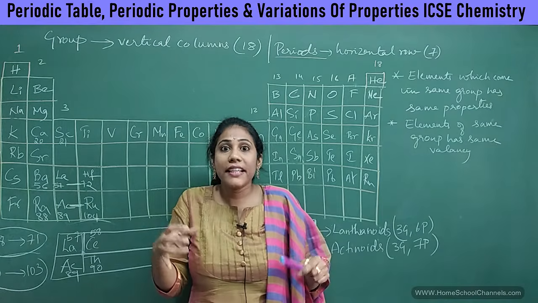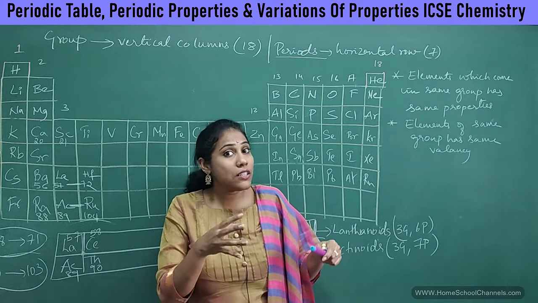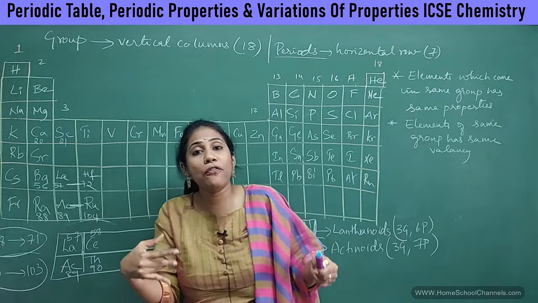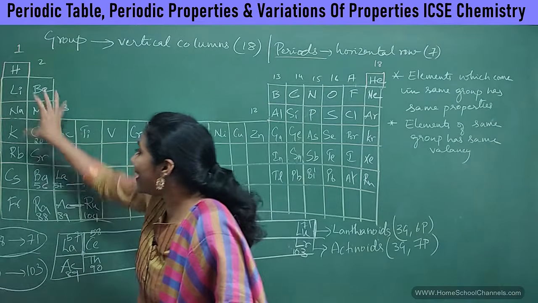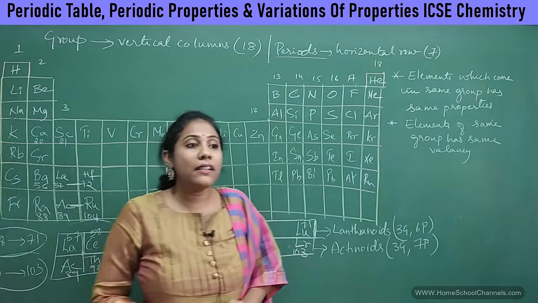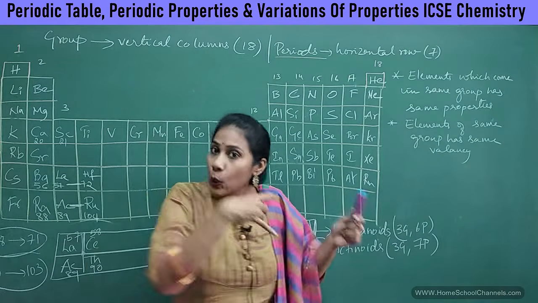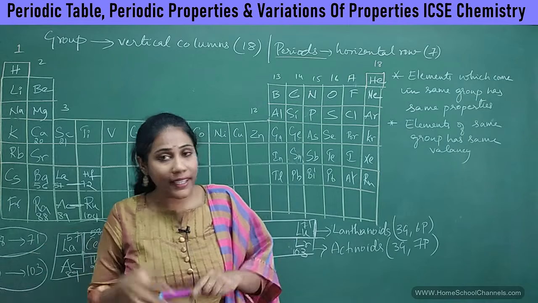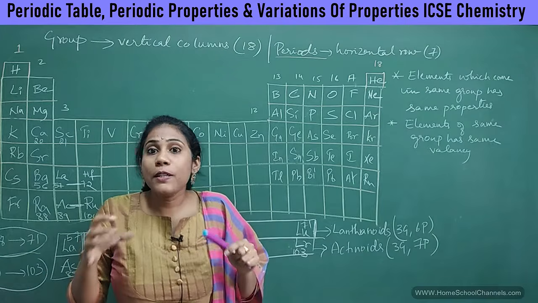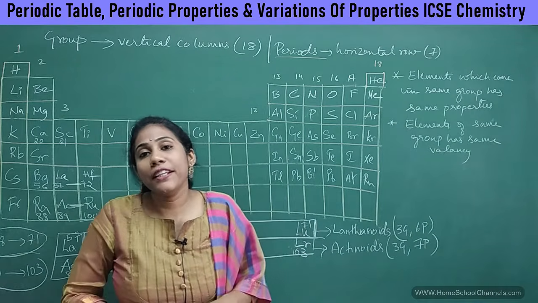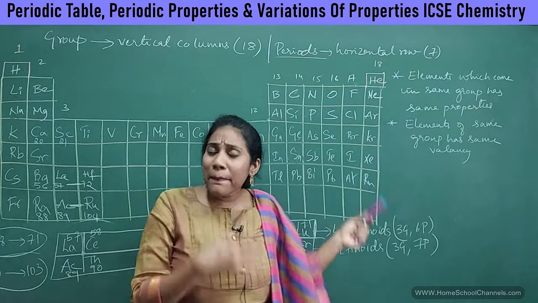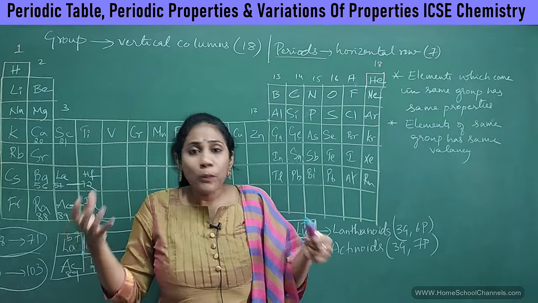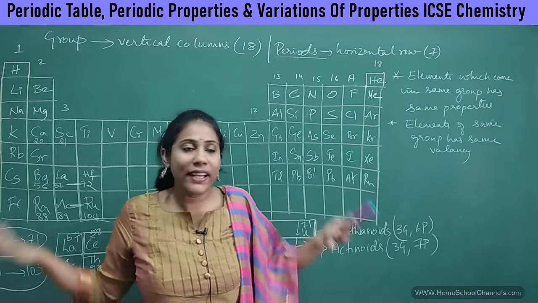It is the number of electrons lost or the number of electrons gained during a chemical reaction. So usually when elements participate in chemical reaction, they either lose electrons or they gain electrons. So this losing and gaining capacity of atom or element is called as valency. About this we will discuss more in the next video, so don't worry about that.